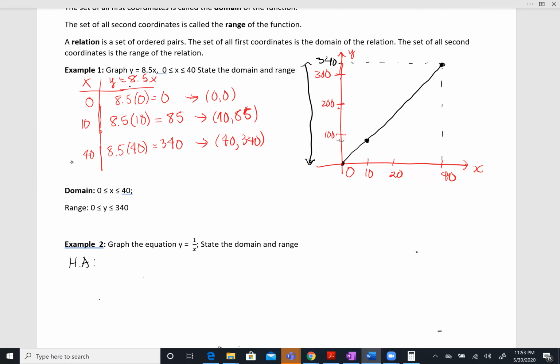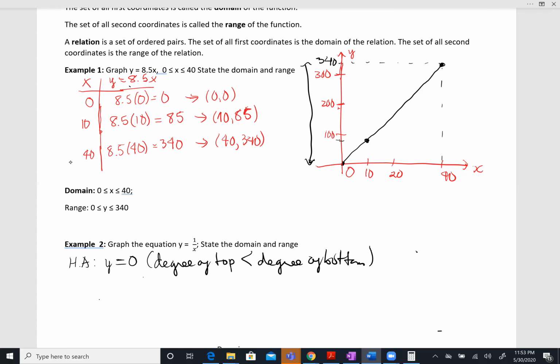So I'm going to have the horizontal asymptote be y equals 0. Okay, I'm going to say degree of top is less than degree of bottom.